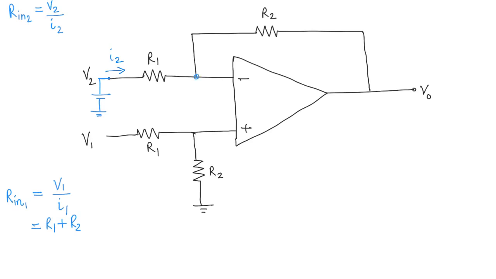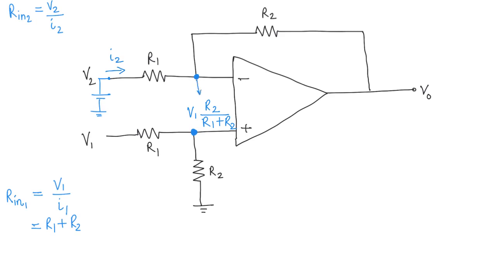We want to find the voltage at this side of R1. Now this voltage is going to be the same as this voltage. And what is this voltage going to be? It's basically a voltage divider, as we have seen before. So this is going to be V1 times R2 by R1 plus R2. And this is the voltage that is there at this point as well.